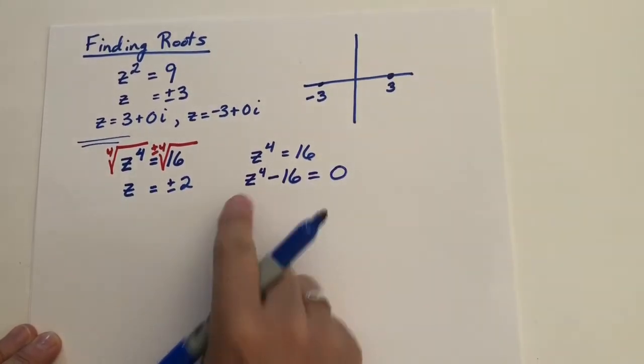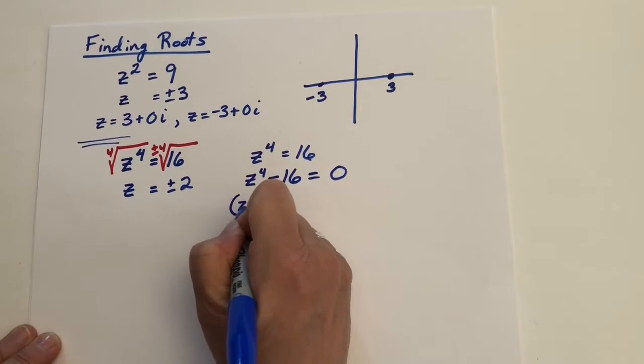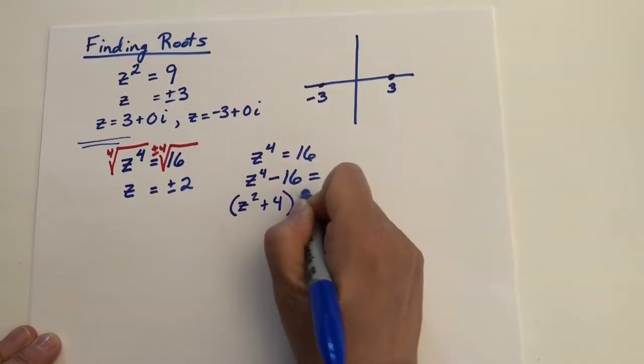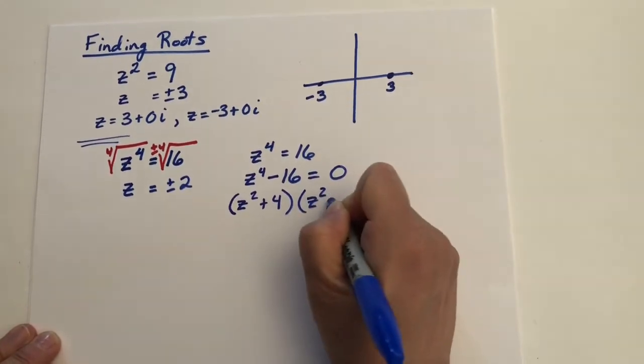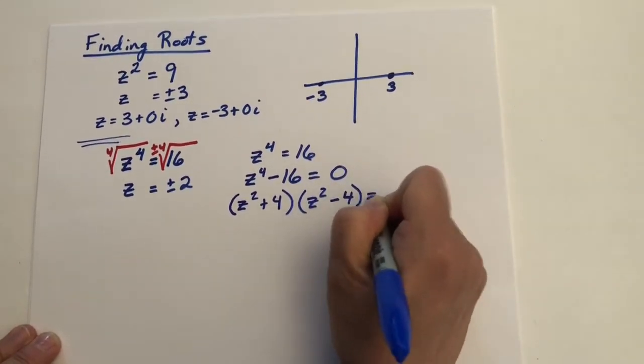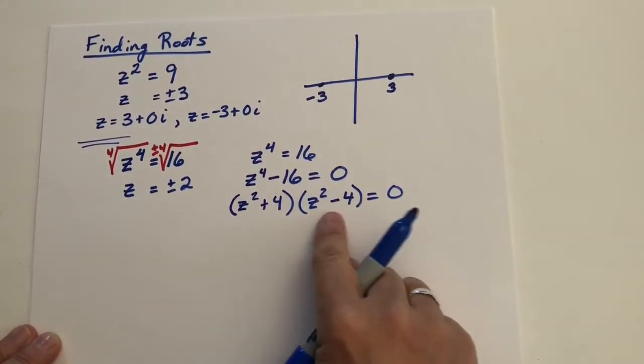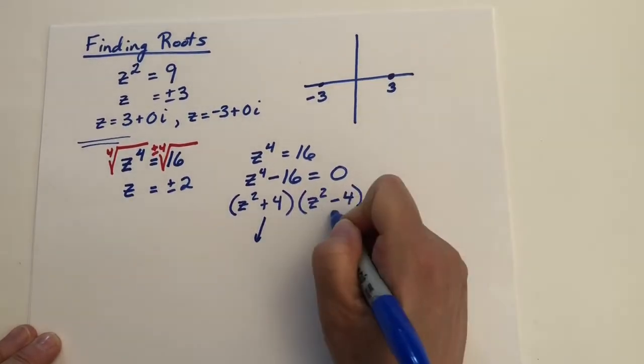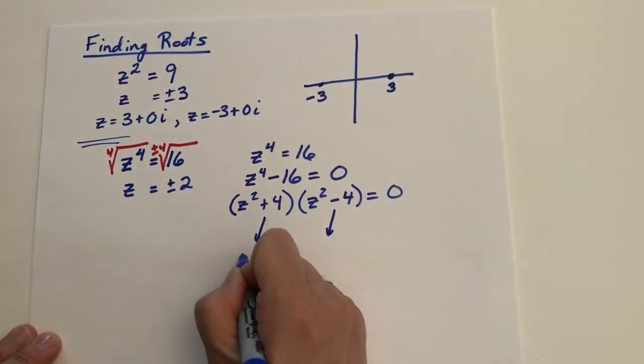And let's factor, because we have the difference of 2 squares. Now this one factors with respect to the reals. This one does not. So let's actually solve each of these by setting them equal to 0.